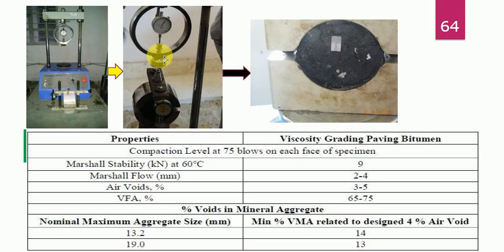Flow value is basically the total deformation that the Marshall test specimen undergoes at maximum load, and it is expressed in millimeter. The stability is expressed in kg or kilonewton, and the flow value in millimeter.